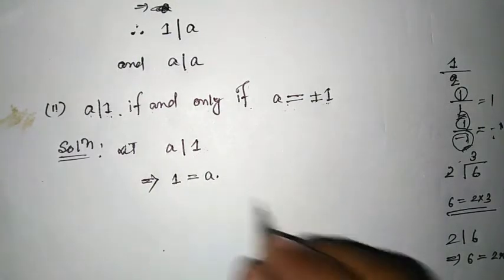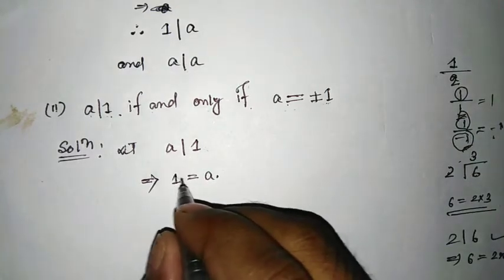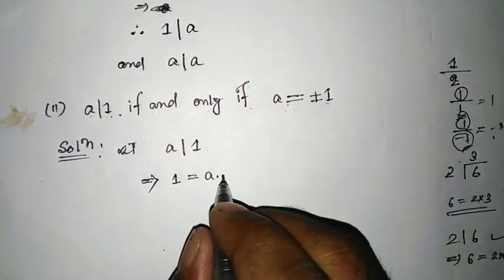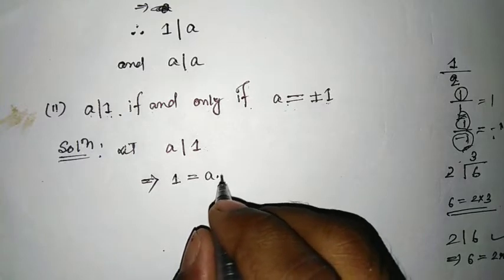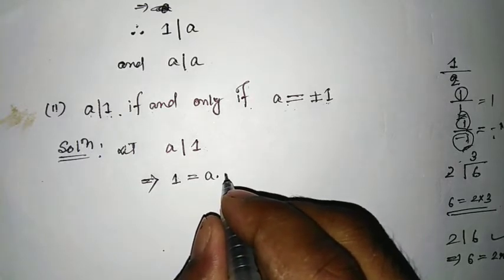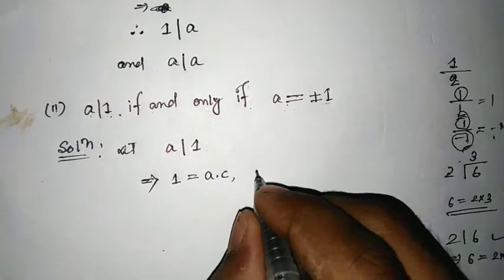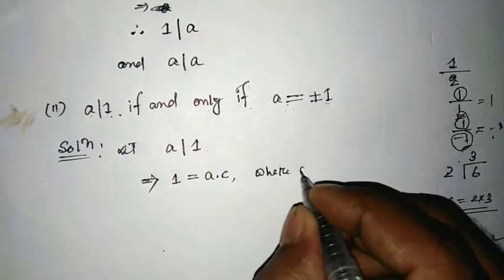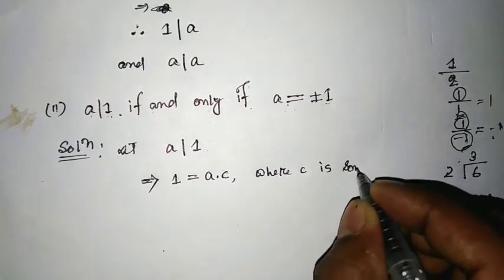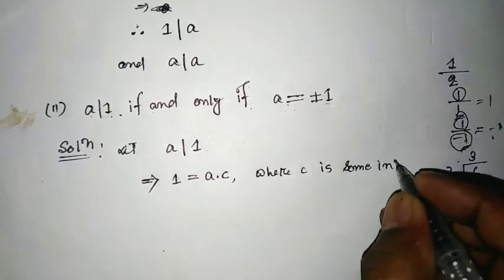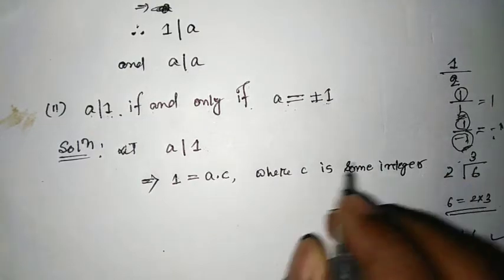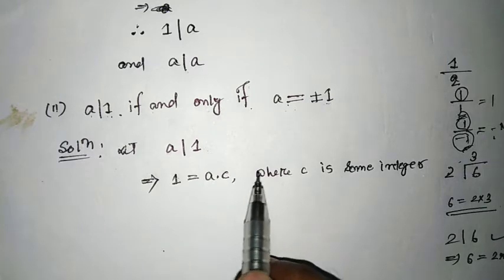1 can be written as 1 is equal to a into something, and that something is taken as, suppose, c. You have to write where c is some integer. Why can you write this? From the definition of division.